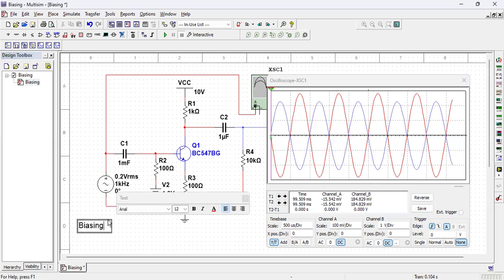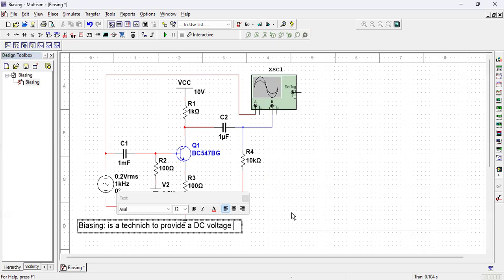If you want to write what is biasing, biasing is a technique to provide a DC voltage at the base of the transistor, a DC voltage of appropriate polarity.